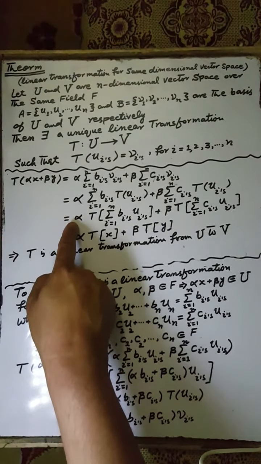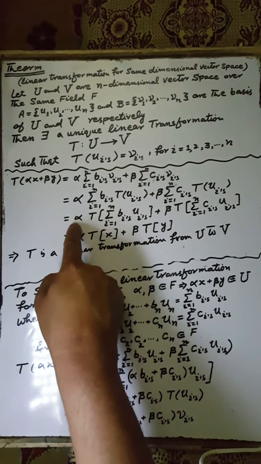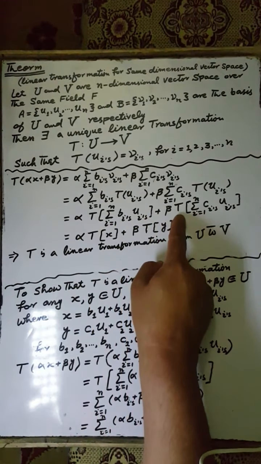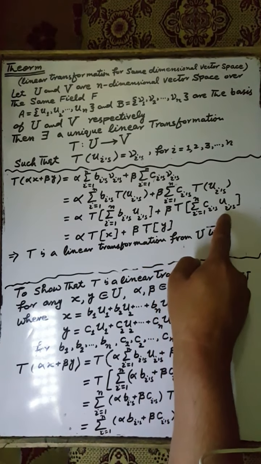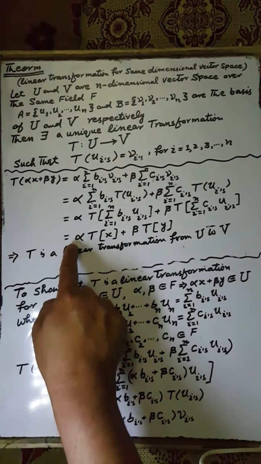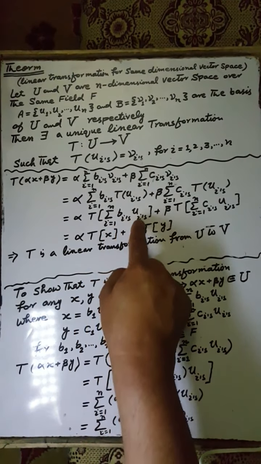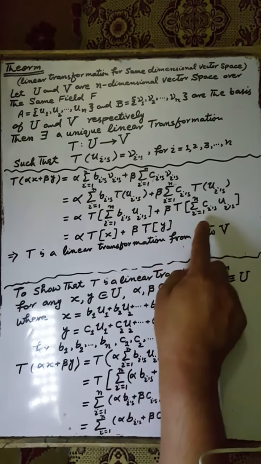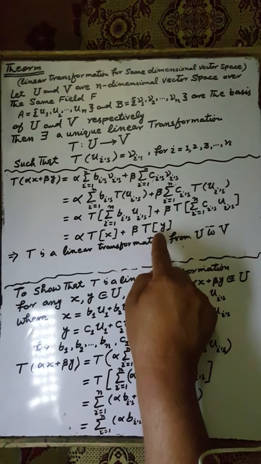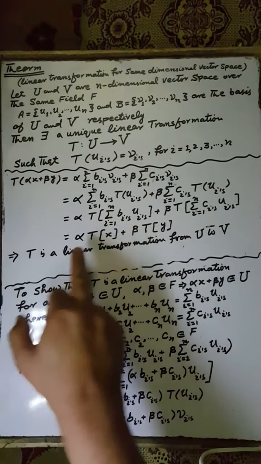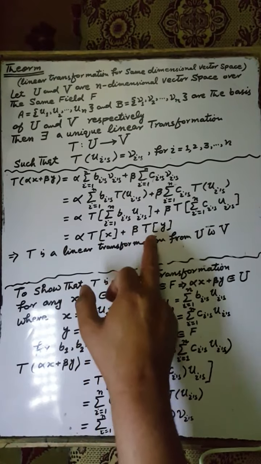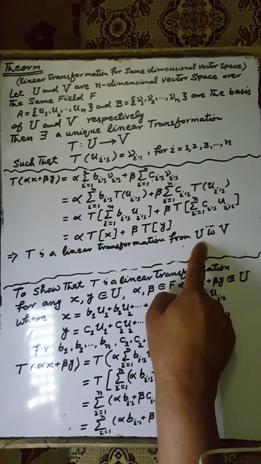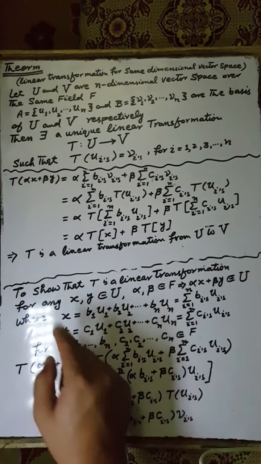According to our previous step, we have alpha times T of the summation, i = 1 up to n, of bi ui, plus beta times T of the summation, i = 1 up to n, of ci ui. Since T is a transformation, the summation of bi ui gives an element x of the vector space U, and the summation of ci ui gives an element y of the vector space U, which is equal to alpha T(x) + beta T(y). That is, T is a linear transformation from the vector space U to the vector space V over the field F.